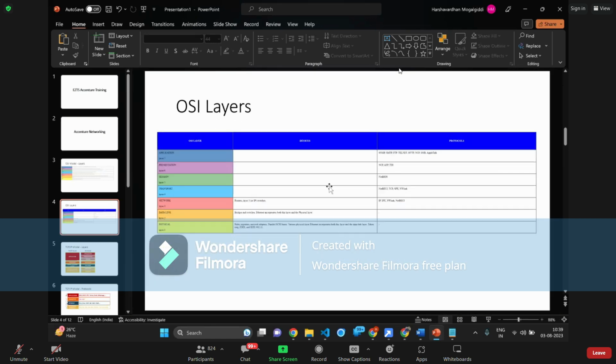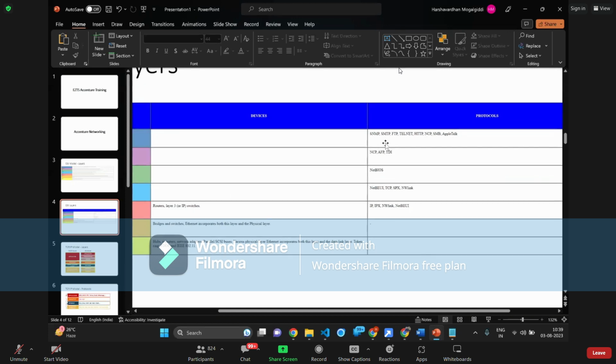Application layer, we've got SNMP, SMTP, FTP, Telnet, HTTP. Take a screenshot, please. We've got Simple Network Management Protocol, Simple Mail Transfer Protocol, File Transfer Protocol, Telnet, Hypertext Transfer Protocol. NCP is Network Control Protocol.